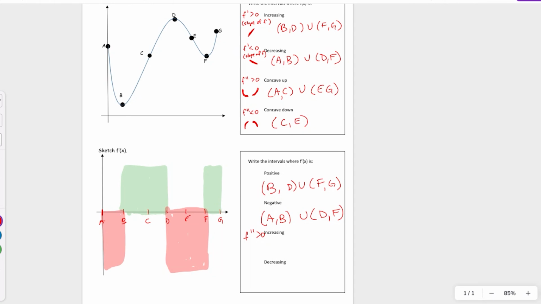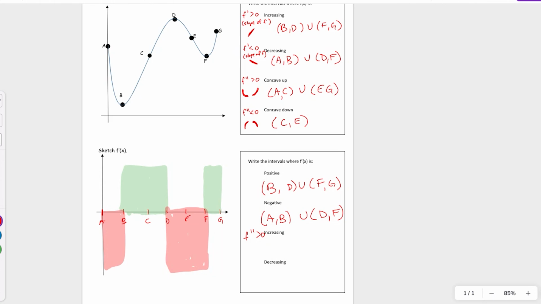Well, where is f double prime positive with respect to f? What's true about the graph of f if f double prime is positive and the second derivative is positive? It's concave up, yeah. It's concave up when the second derivative is positive.